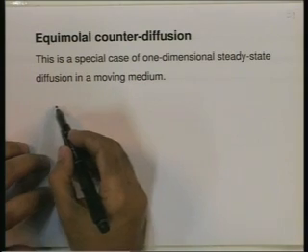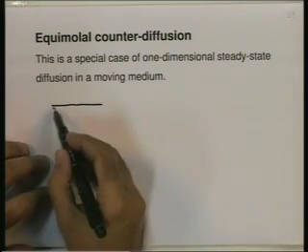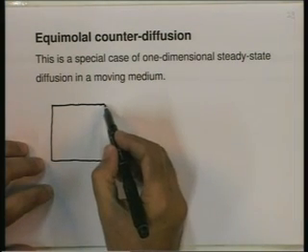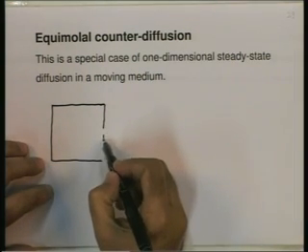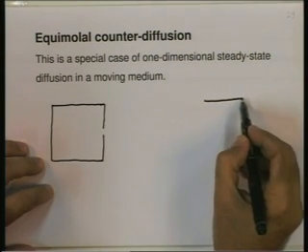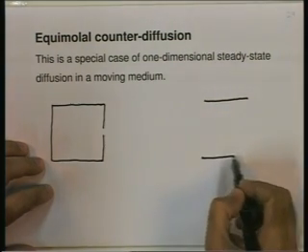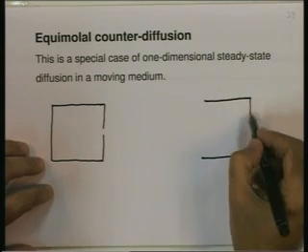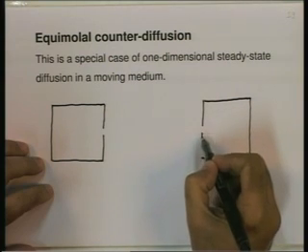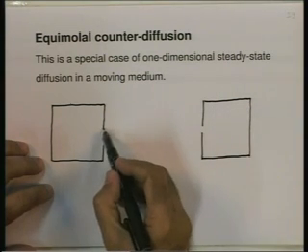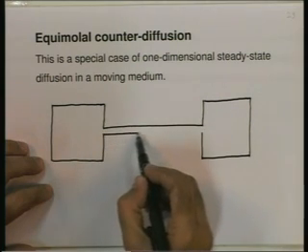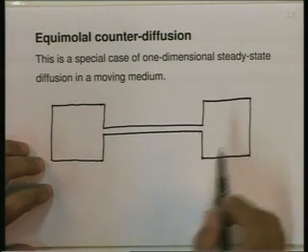We consider two large tanks or reservoirs. Let us say this is reservoir A, and we have here another large reservoir, reservoir B, and let us connect the two reservoirs by a thin long duct.